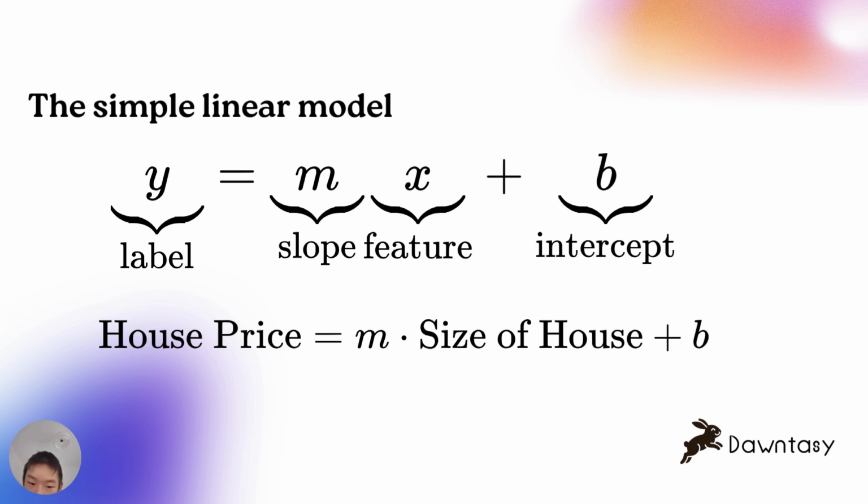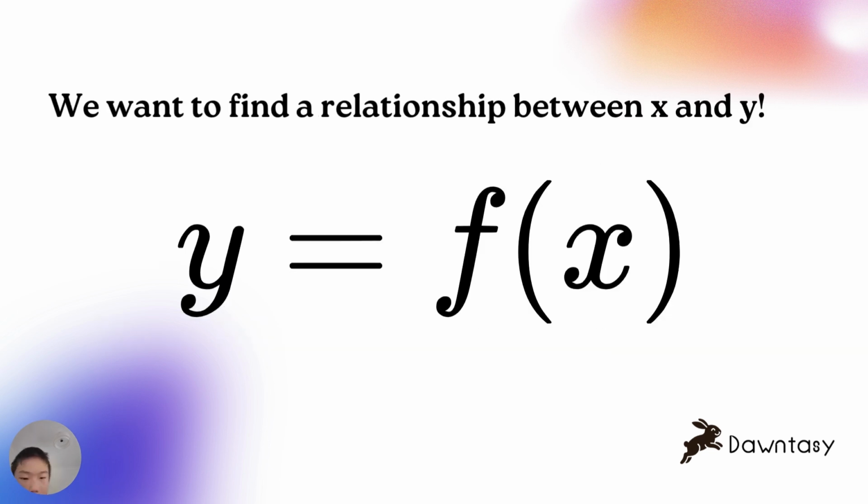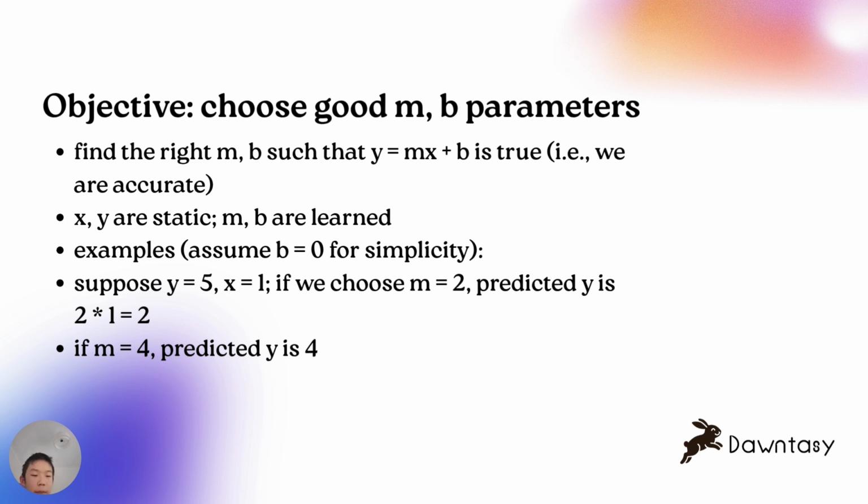If we model this as a graphical problem, then we can see that it's like finding a relationship between the x and y. In other words, y is a function of x, a linear function to be exact. Our objective is to choose good m and b parameters. What is fixed is x and y, because obviously there's already a set house price, already set number of bedrooms and all that.